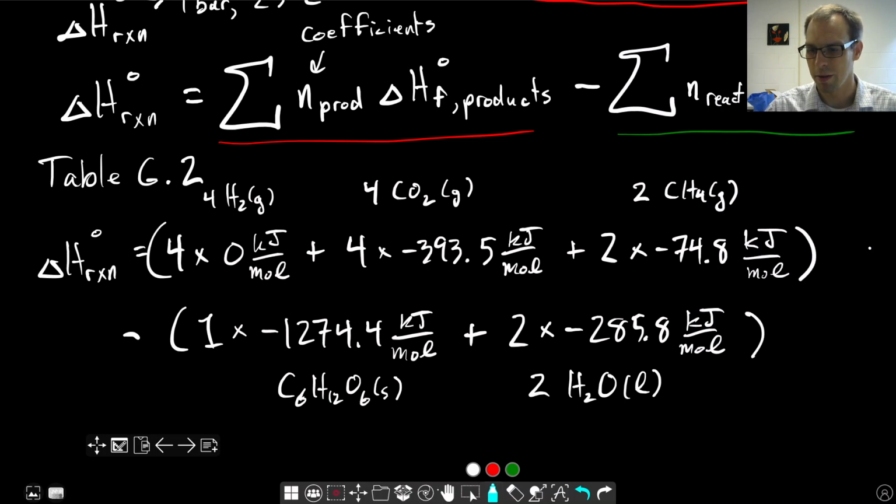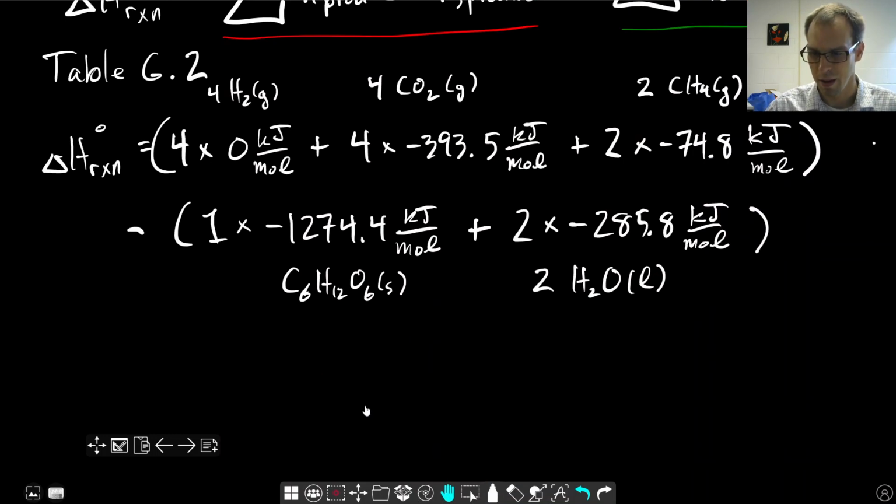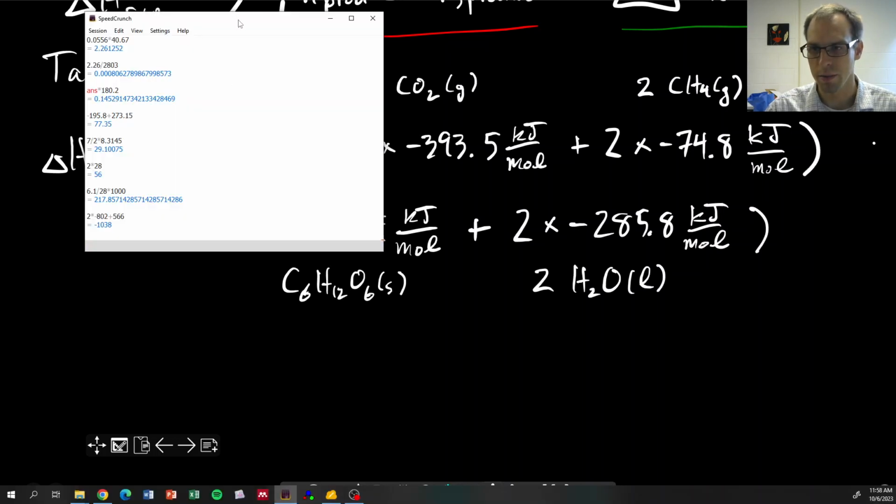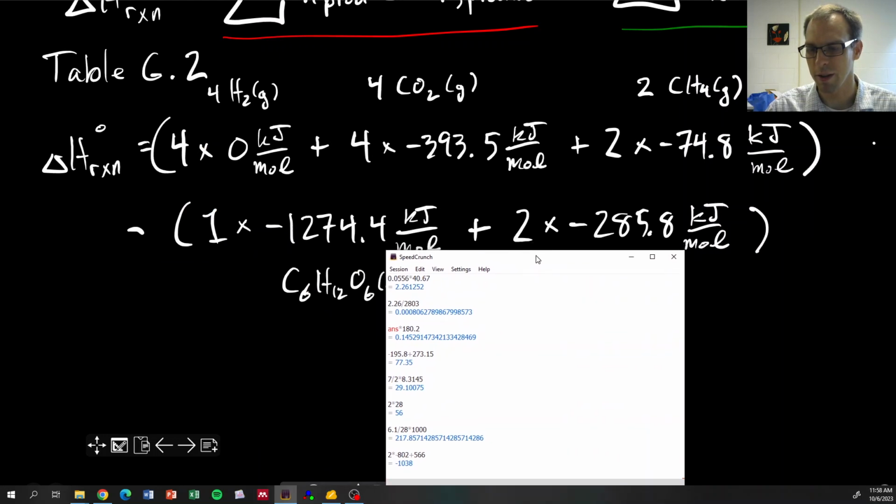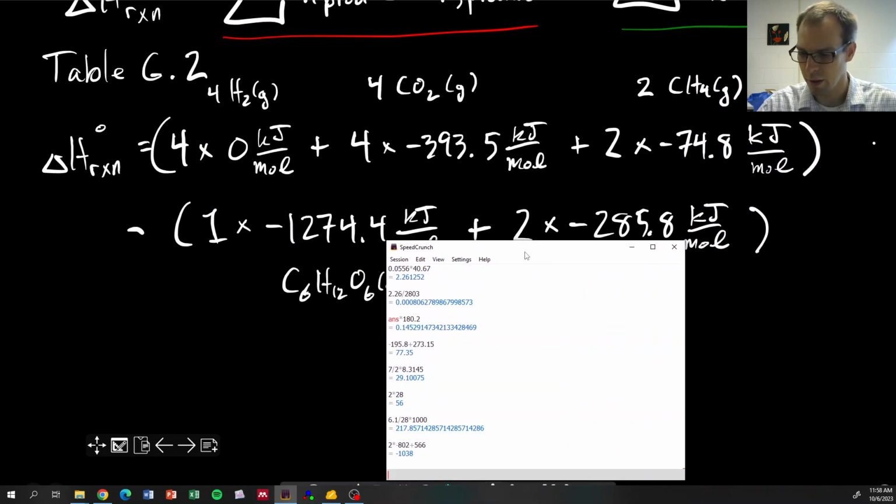So once we do all that, we plug it into the calculator. I'll go ahead and do that myself right now. So I'll move my calculator down over here so I can see everything. I'm going to use my parentheses: 4 times 0 plus 4 times negative 393.5 plus 2 times negative 74.8. Subtract, after closing the parentheses, again with an open parentheses, negative 1274 plus 2 times negative 285.8.